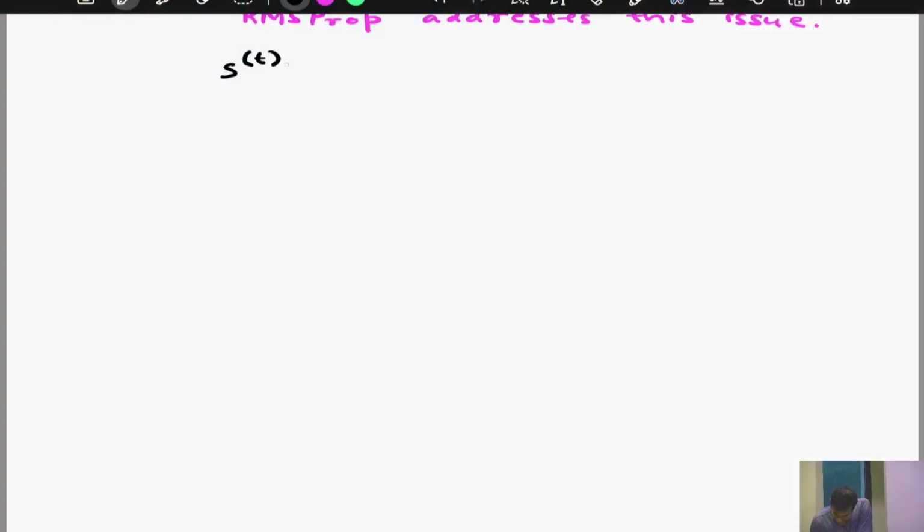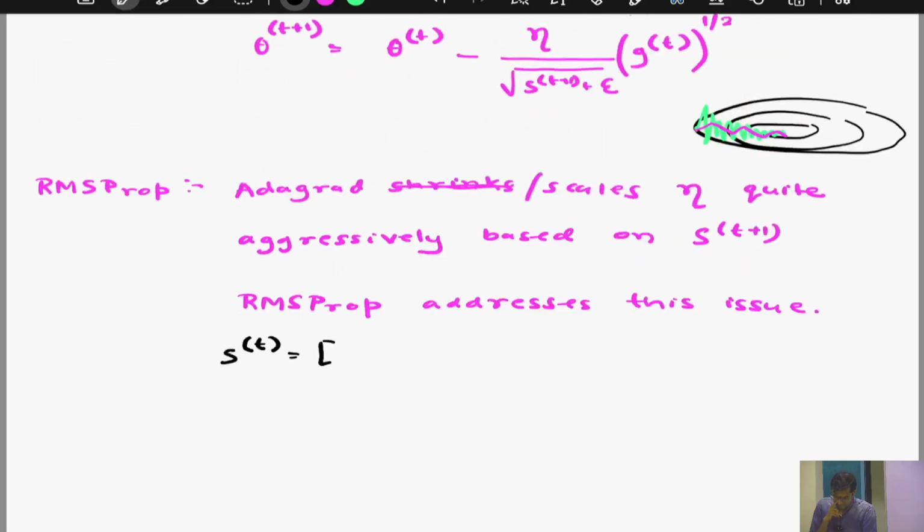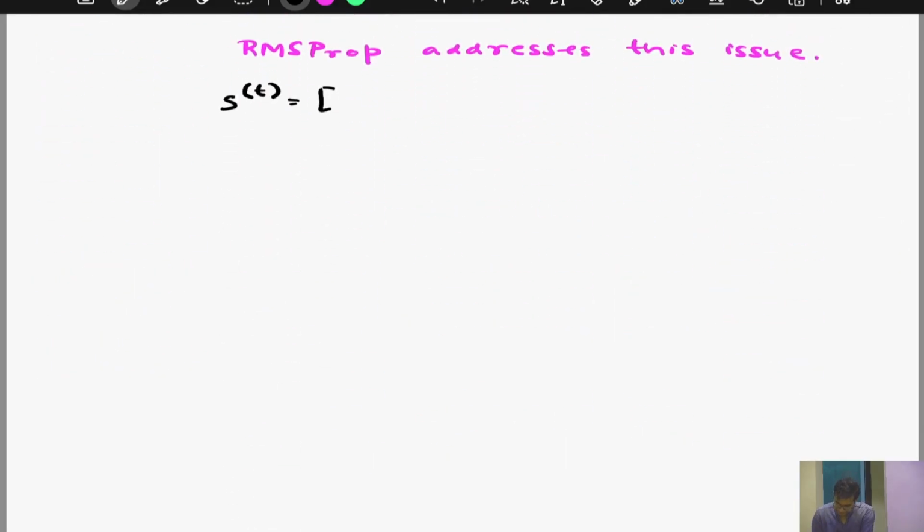g(t), the gradient, is equal to the gradient.